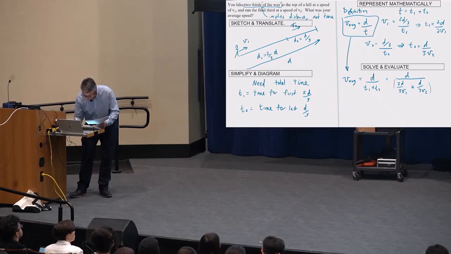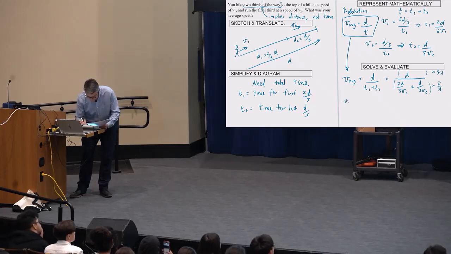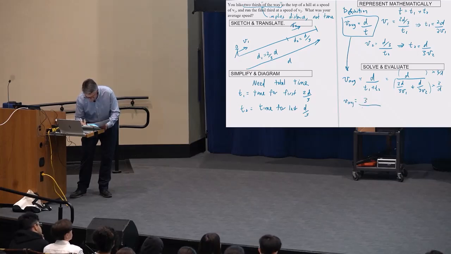What I could do is multiply the top and bottom by something that simplifies this a bit. So get rid of the 3's on the bottom, get rid of the d's on the top. Multiply top and bottom by 3 over d. So you get v average is equal to 3 divided by 2 over v1 plus 1 over v2.